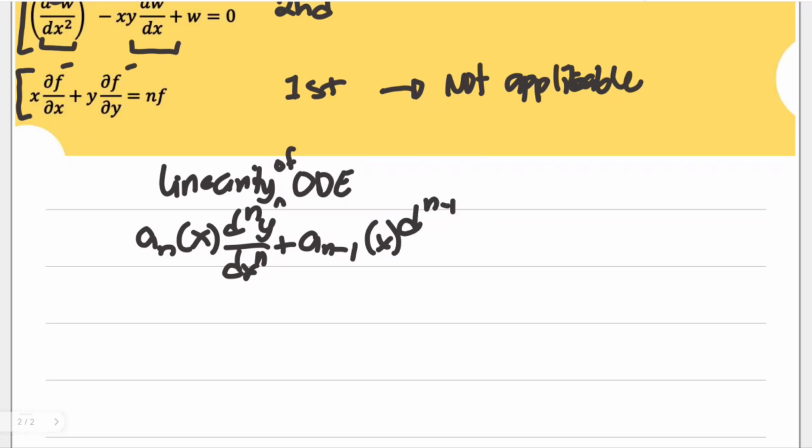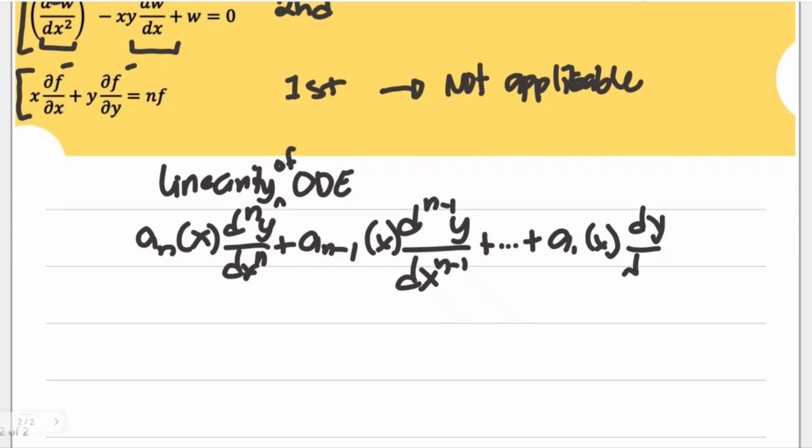So the n minus 1 order derivative of y with respect to x, plus, as it goes, a sub 1 times the first order derivative, plus a sub 0 times y, depending on the value of x, is equal to a certain function, let's say g of x.